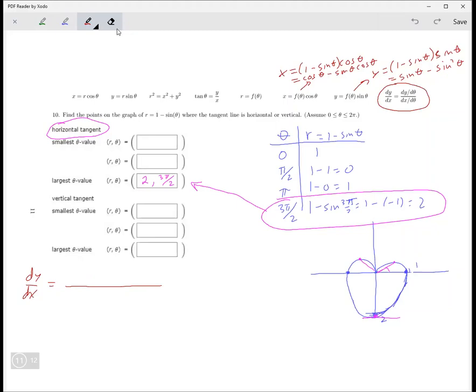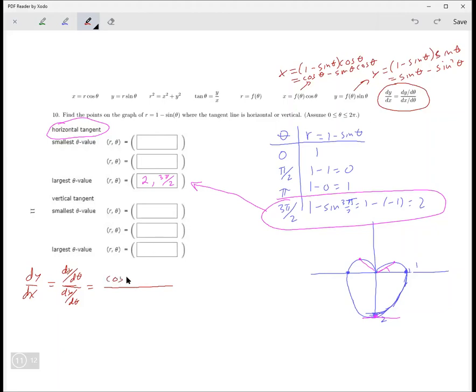Okay. So dy/dx is going to be dy/d theta over dx/d theta. Okay, so dy/d theta is taking the derivative of this with respect to theta.